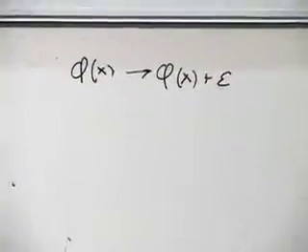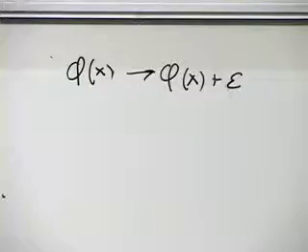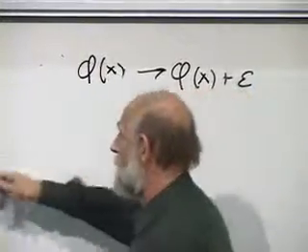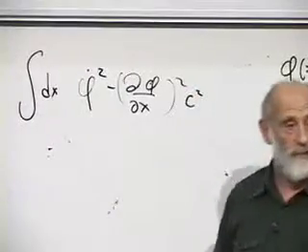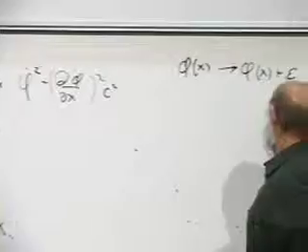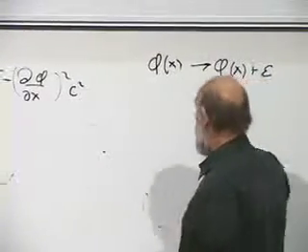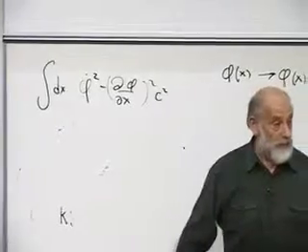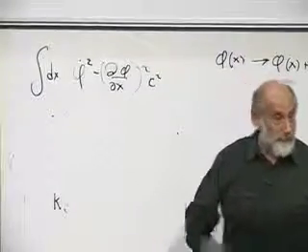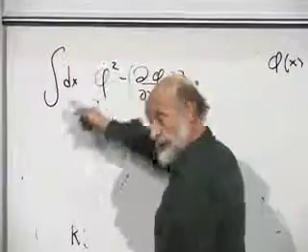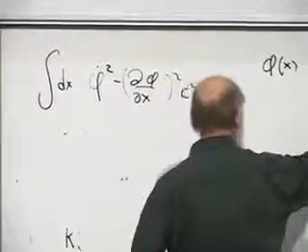This is a uniform shift of phi everywhere. Why is this a symmetry? Well, supposing I shift phi, what happens to phi dot? Nothing, because epsilon is constant. What happens to d phi by dx? Nothing happens. So this Lagrangian doesn't change when you shift phi.